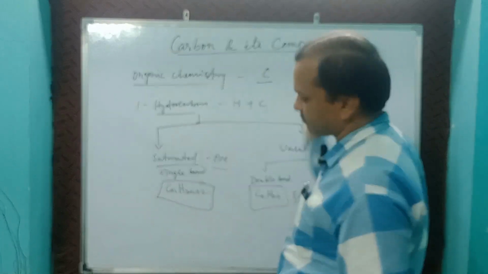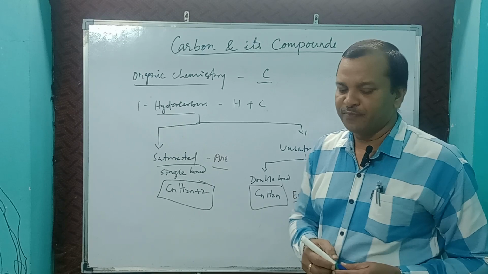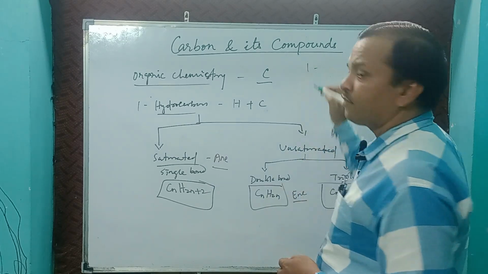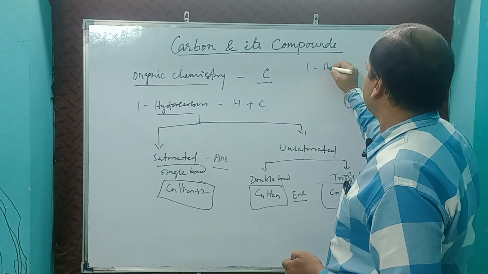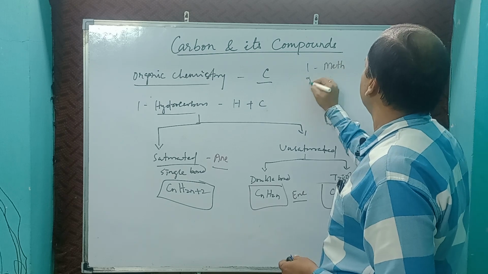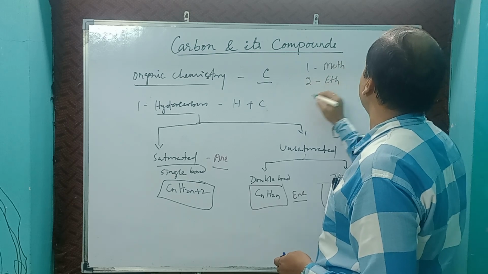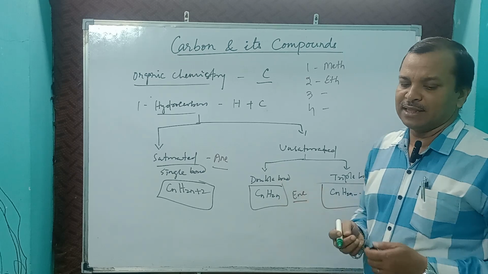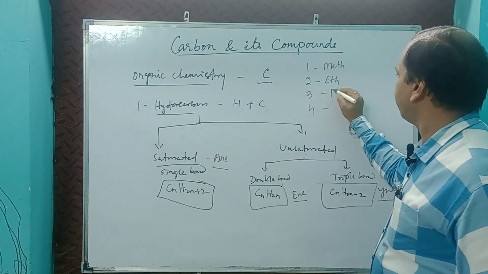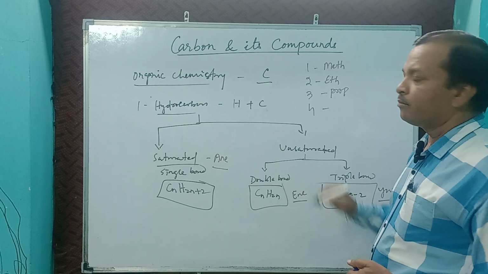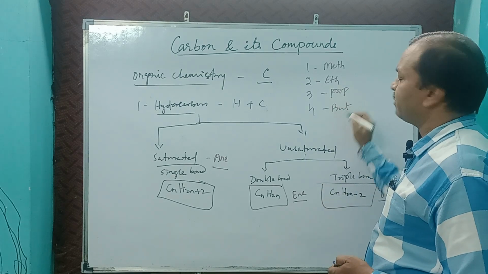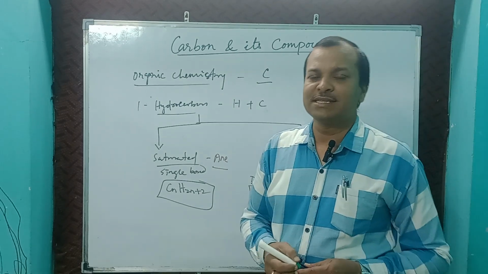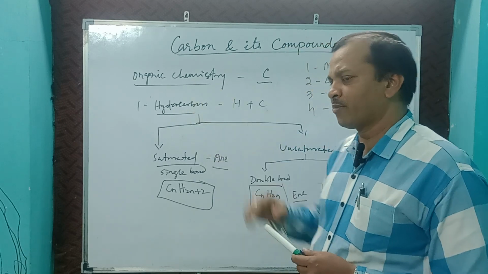For example, when we do the naming, if the number of carbon atoms is 1, then it is meth, 2 means eth, 3 prop, 4 but, 5 pent, 6 hex, and so on.